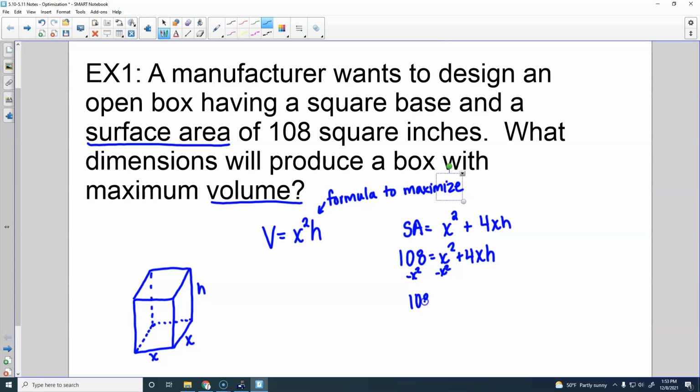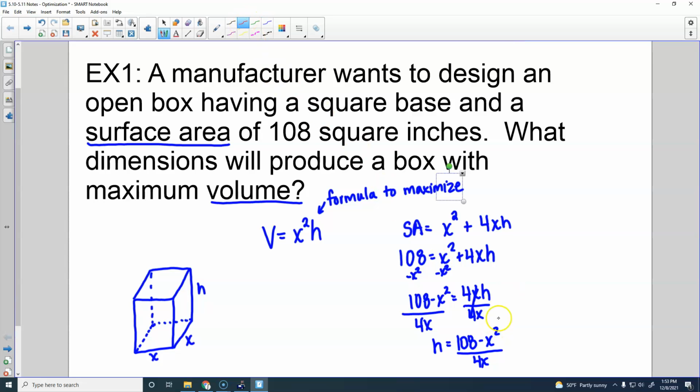So we get 108 minus x squared equals 4xh. And then what do we do? Divide by 4x. So my h is going to equal 108 minus x squared over 4x.